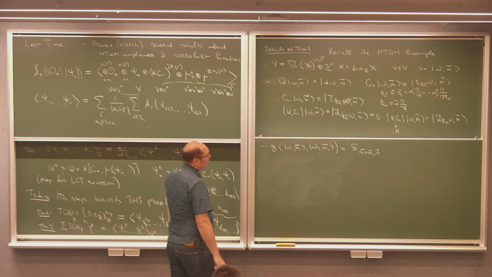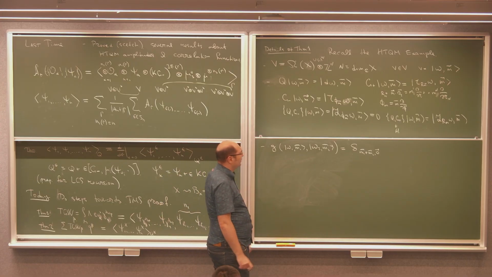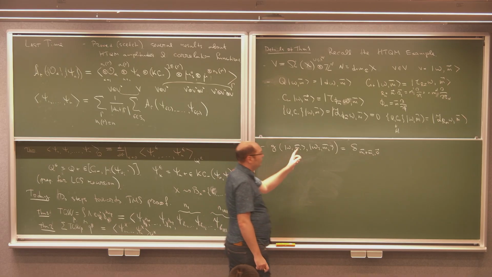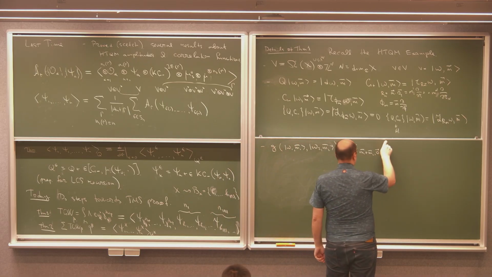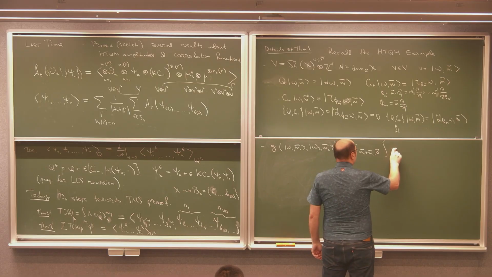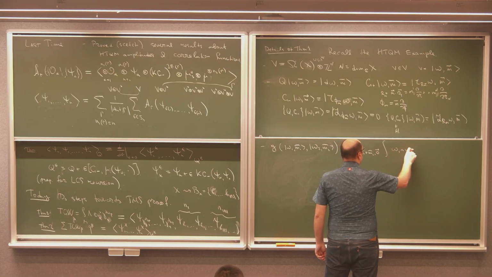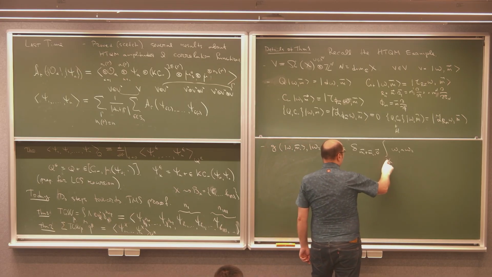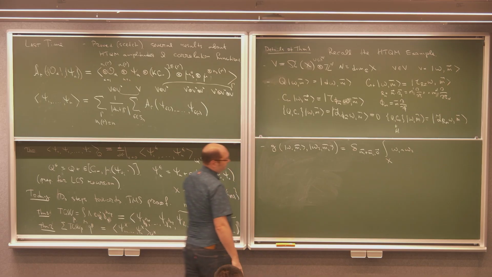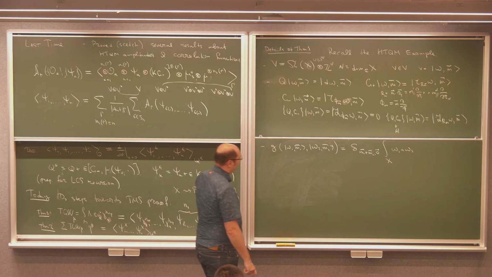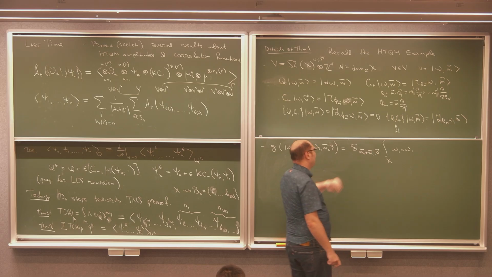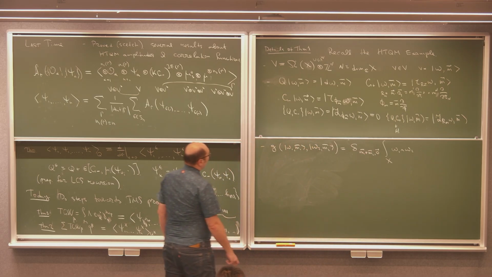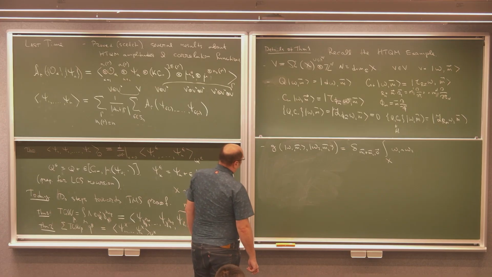If it's not 0, then we say that this pairing is equal to 0 on this pair of states. But if it is 0, then we take the product of these two differential forms and integrate over it. That is the way to produce a number in the case when integer vectors add up to 0.